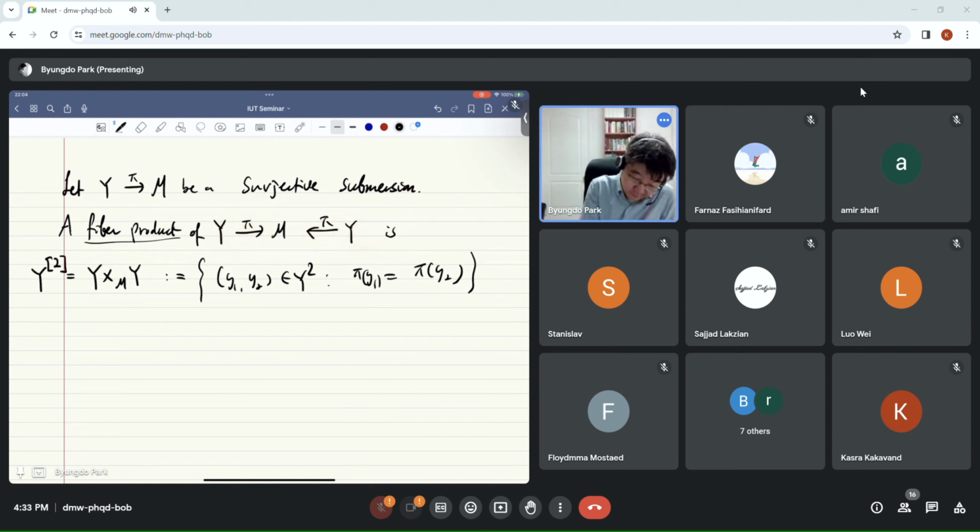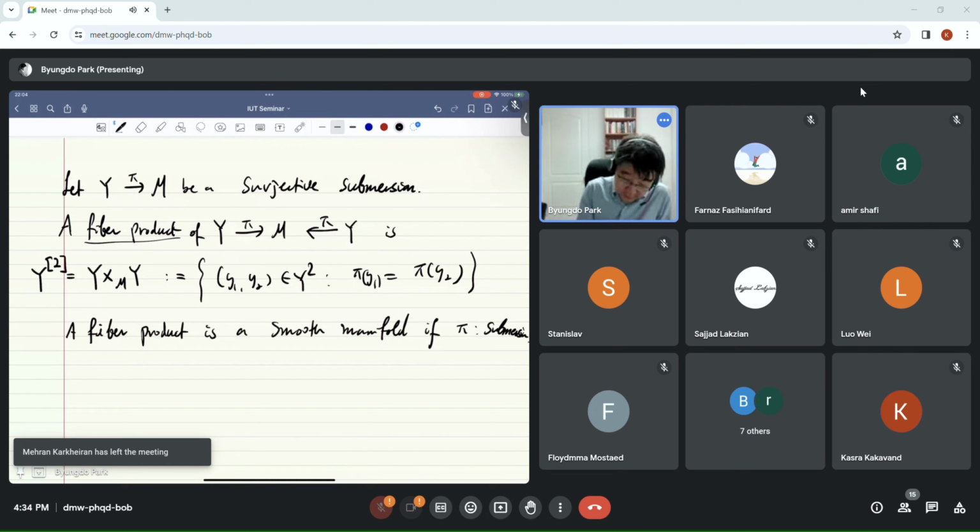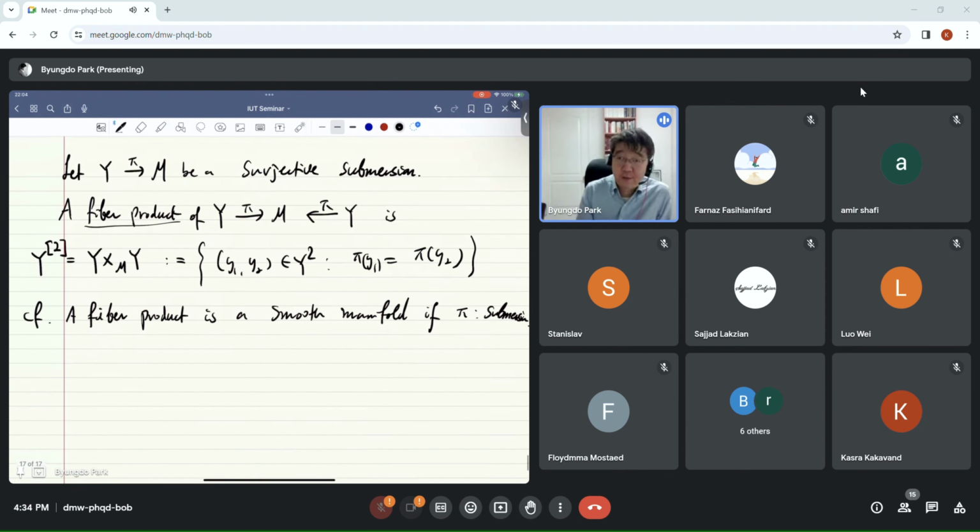In general, no. But it is a manifold in this case, because pi is a submersion. So that's why we care about this map being a surjective submersion, because we want to remain in the category of smooth manifolds.